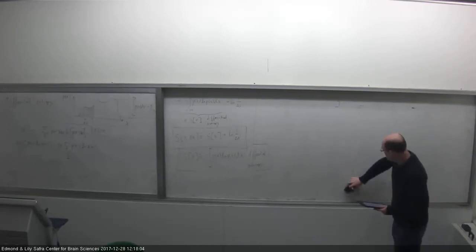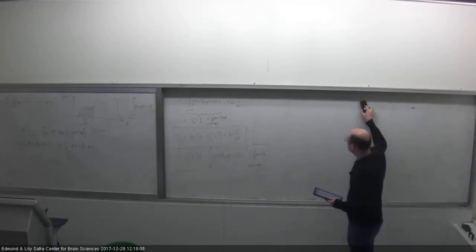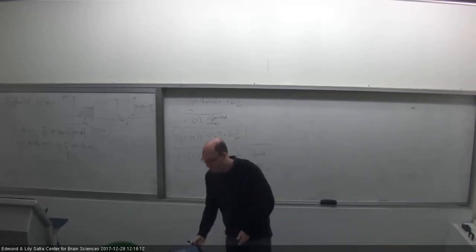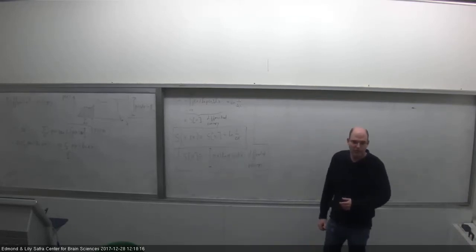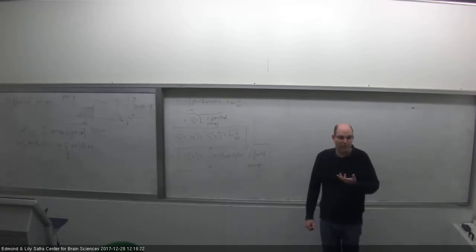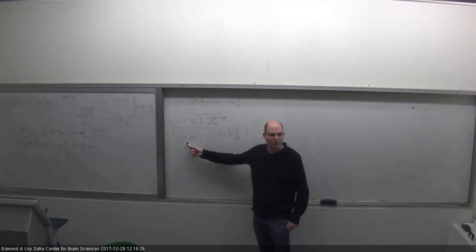So for one thing, I hope I remembered to say this, that the Shannon entropy that we discussed last lecture is always positive. Well, it has to be. It's a number of bits. This is a Shannon entropy, so this is always positive.